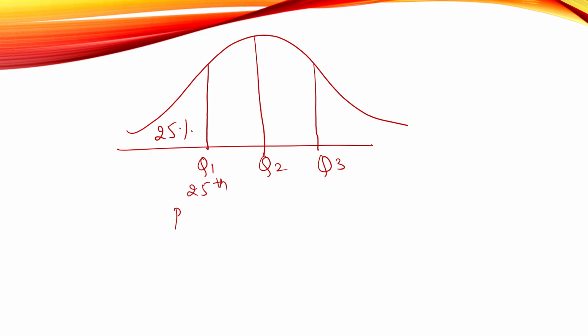Now, a very important question, or a diagram, you can say. 25%. So if I say Q1, Q2, Q3: the 25th percentile, the median, the 75th percentile.